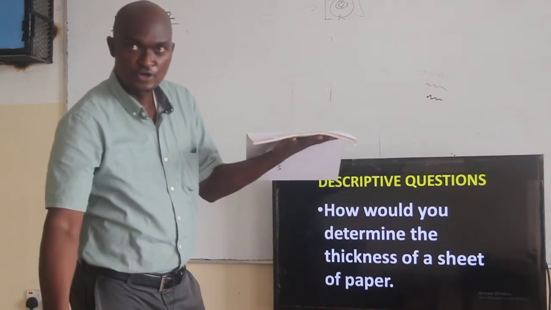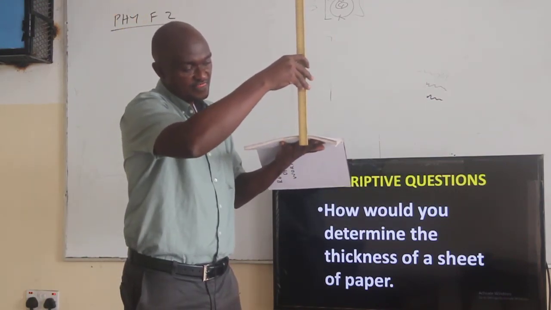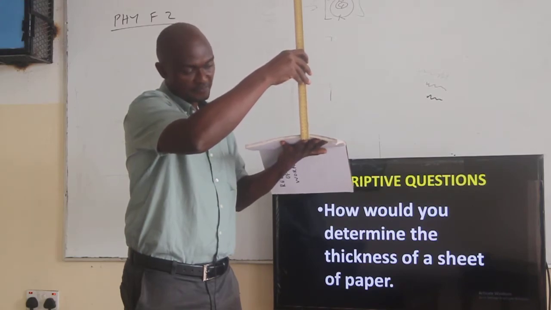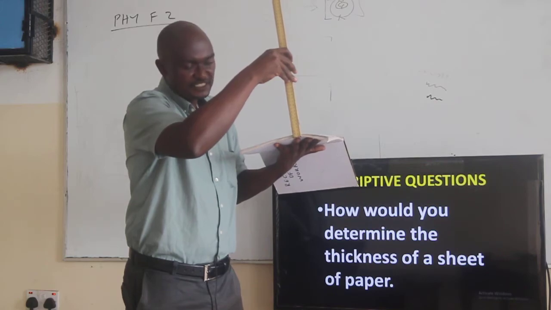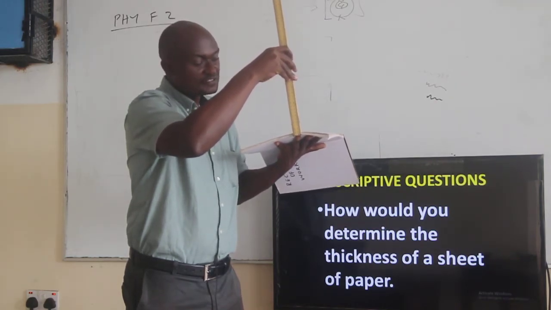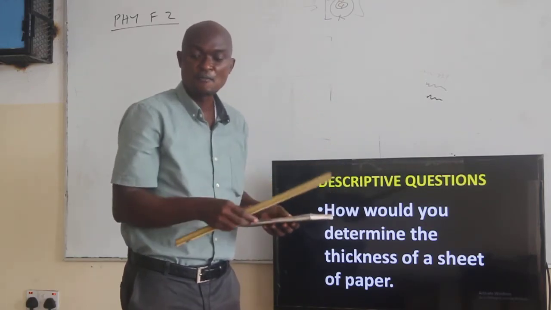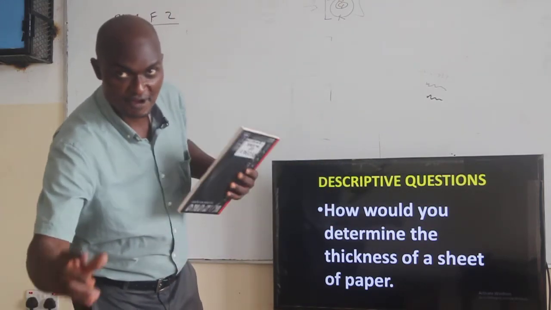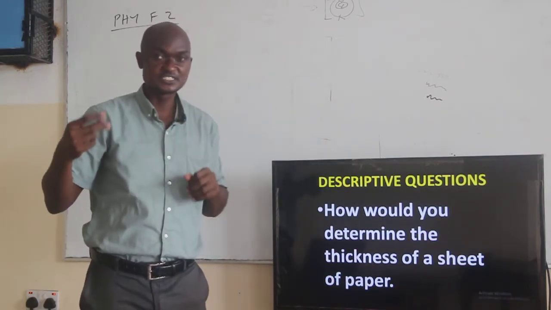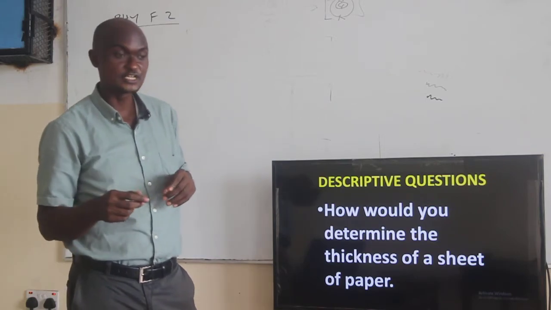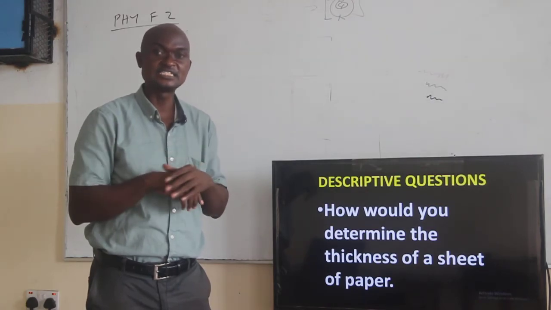Then using a suitable tool, you measure the thickness of all of them. You get the thickness. Let's say it is 5 centimeters. So 5 centimeters for 500 sheets of paper. So how much is a sheet of paper? 5 centimeters divided by 500 is 0.01 centimeter. That's how big a sheet is.